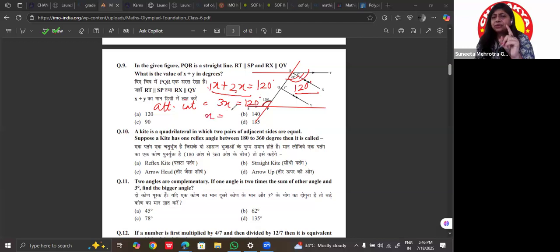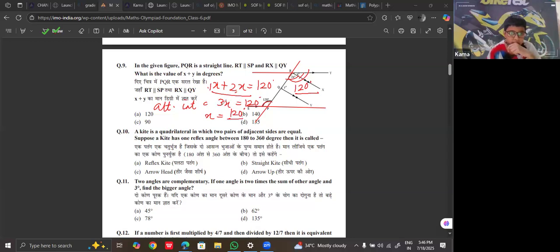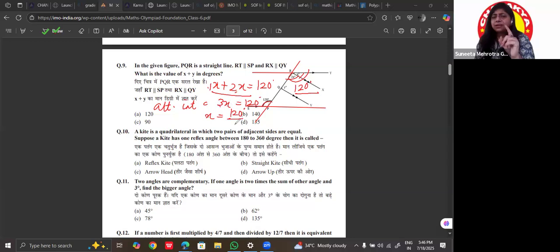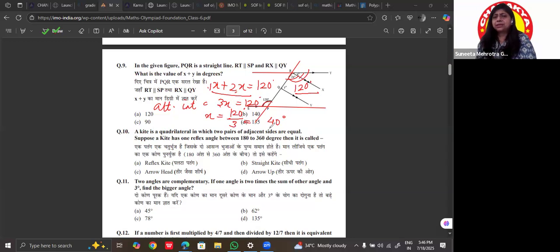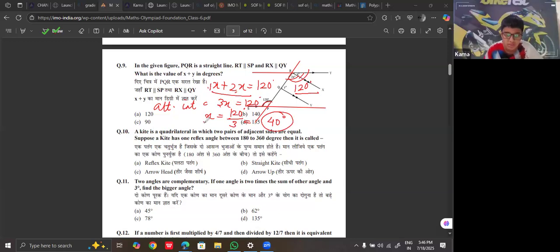What is the value of x? Ma'am, the 3 will come down, 120 by 3, which is 40. So the value of x is 40 degrees.